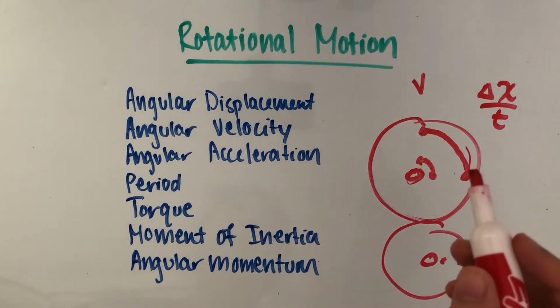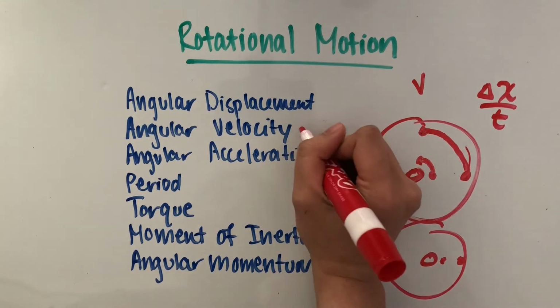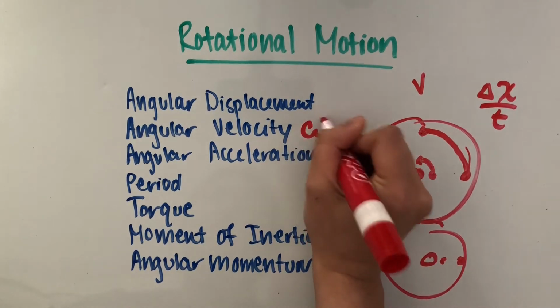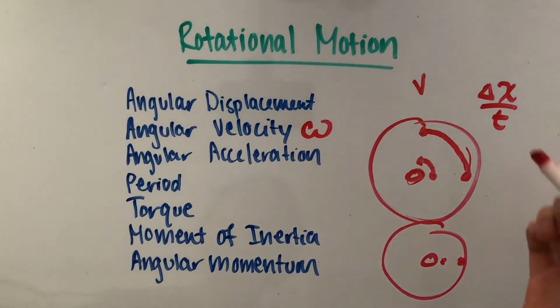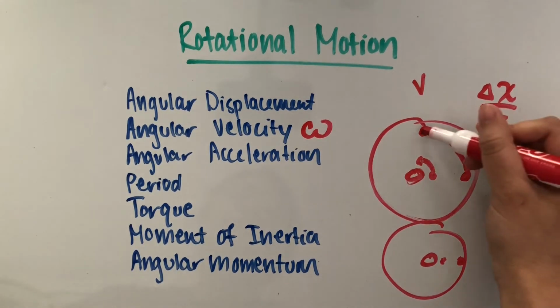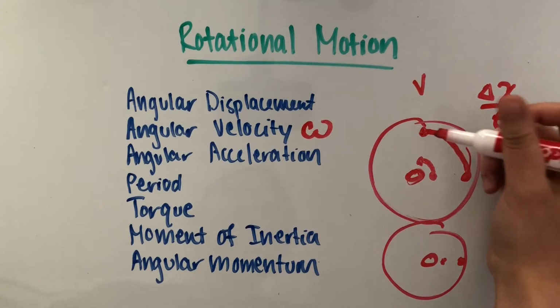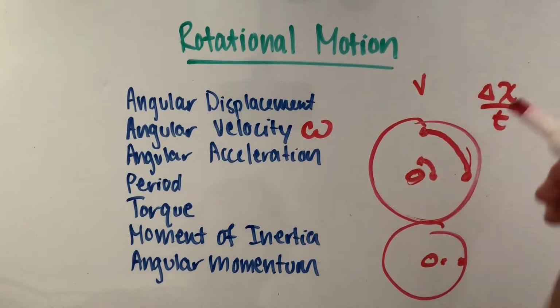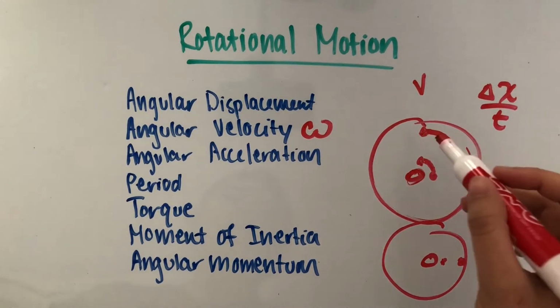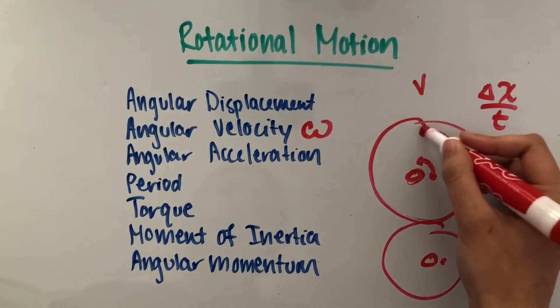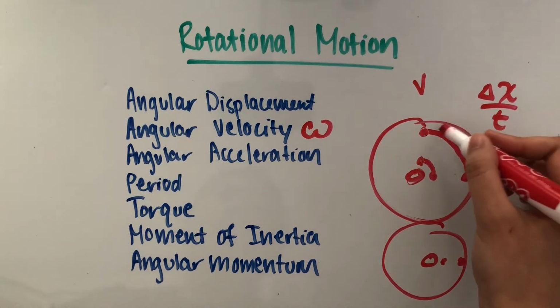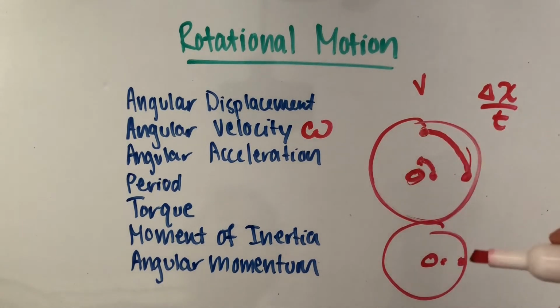What we're looking at right now is angular velocity, which is written as the Greek letter omega. So angular velocity for these 2 points is going to be the same because angular velocity basically measures the angle that a point has rotated or traveled in a particular amount of time.